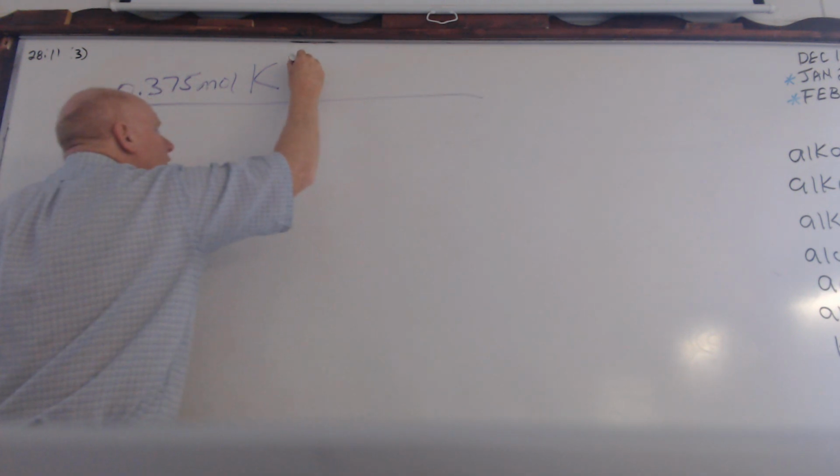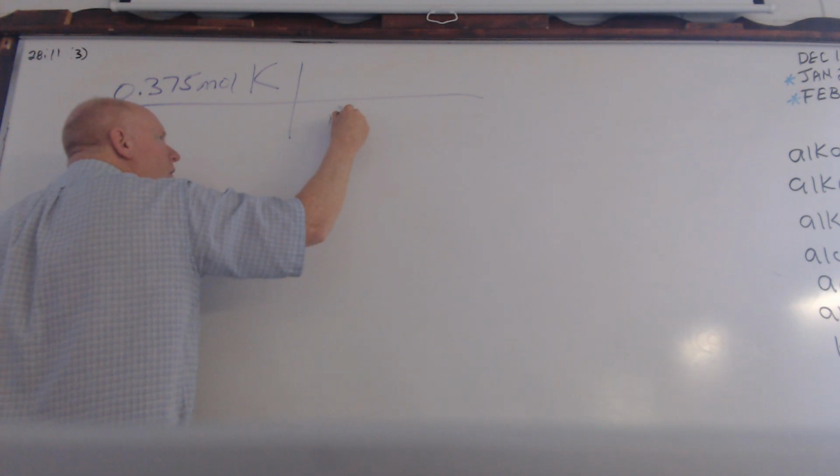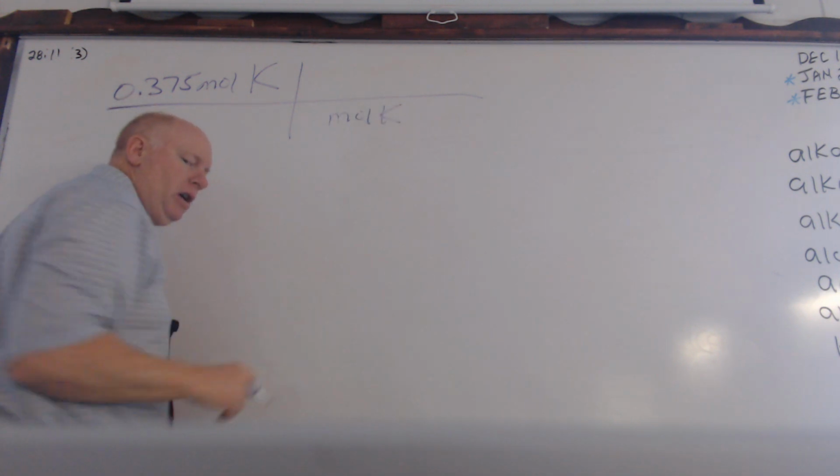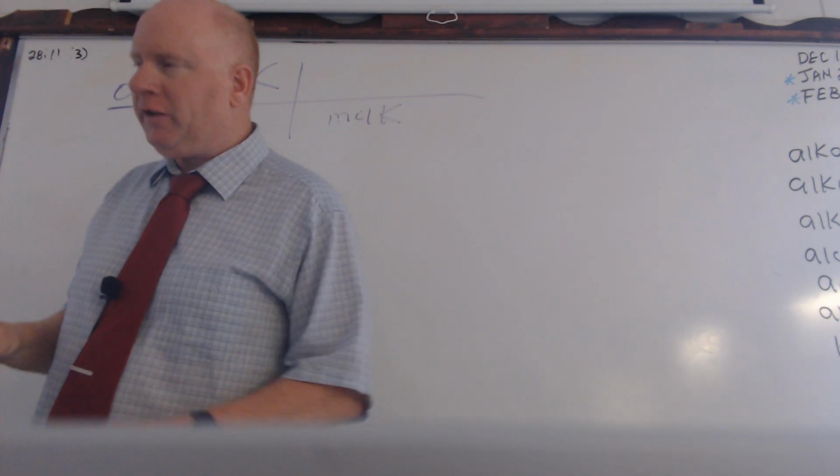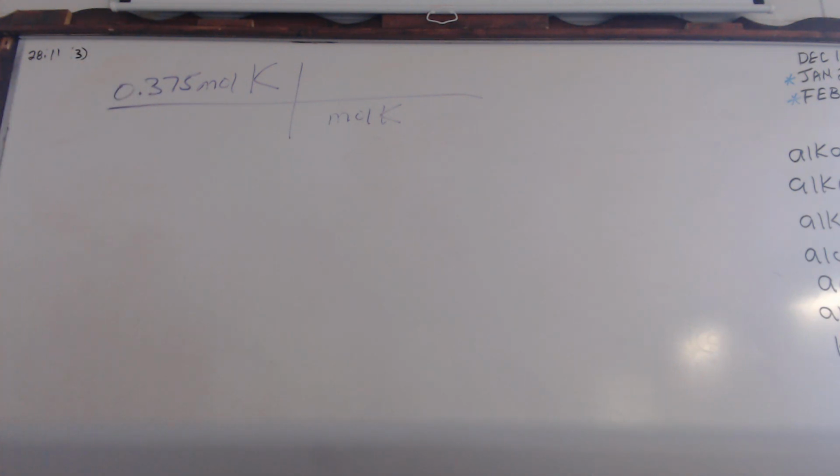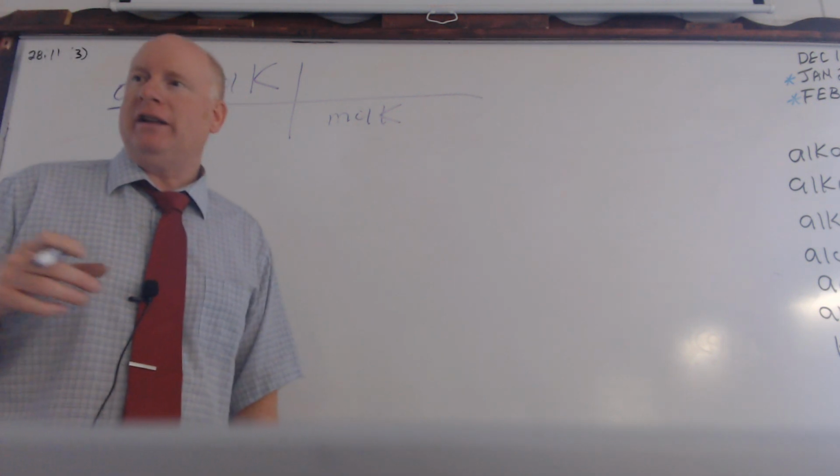Okay, so for every mole of potassium, and notice it's asking for what is the mass in grams. So we don't make that number up. Where do we get the number for the mass in grams? Atomic mass found on your table. So look at element number 19, and see, that's what I mean. That's how you're going to memorize that.